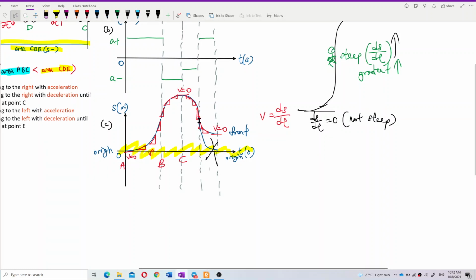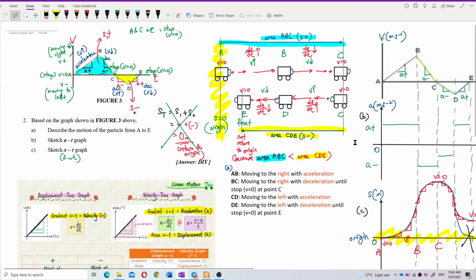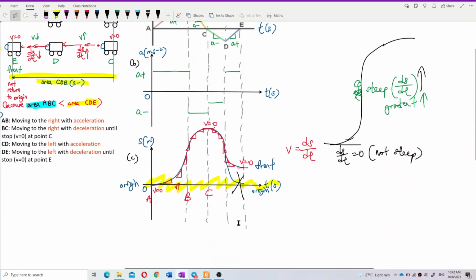So it should actually stop in front of the origin, because the area backward is less than the area forward. Remember, the area under the velocity graph is displacement. So the answer is not going back to the origin, but the graph stops in front of the origin.